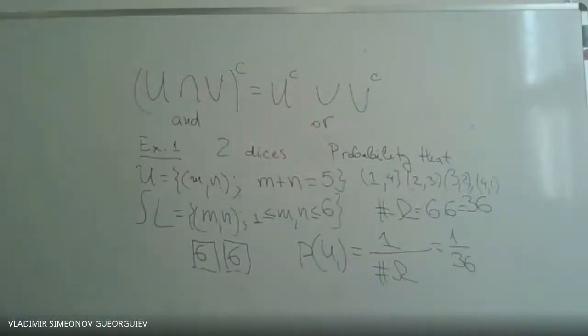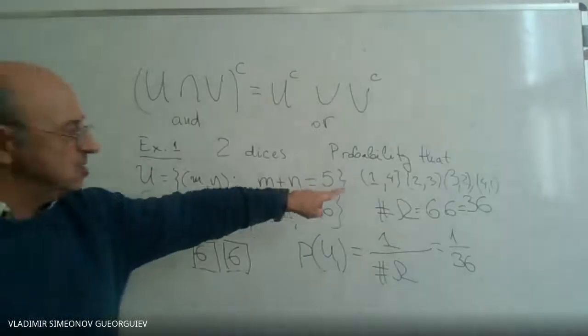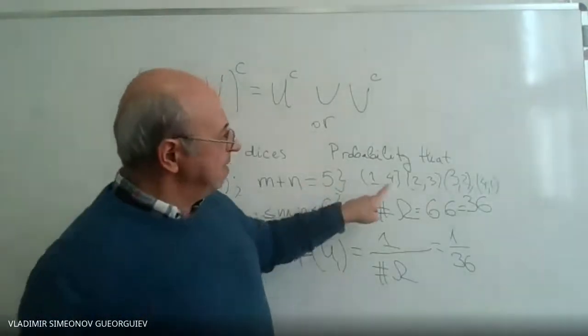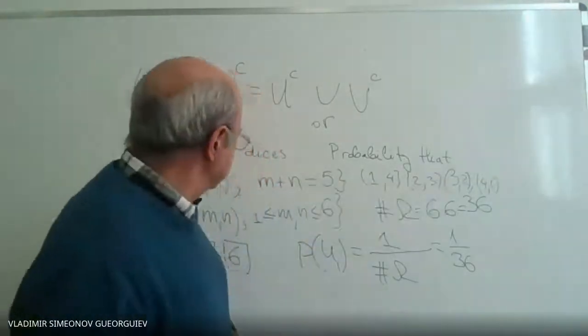So how many elements does this set have? We already computed the exits such that the sum is 5, so we have 4 elements.